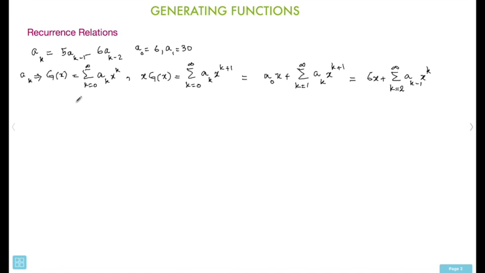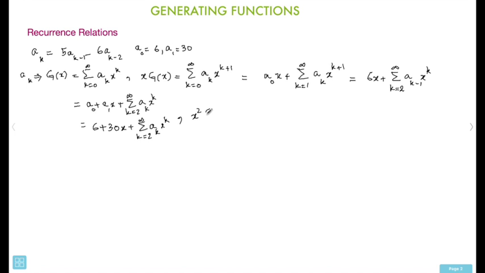Now note that this g(x) I can also write as a_0 plus a_1 x plus the sum for k equal to 2 to infinity of a_k x to the k, which is equal to 6 plus 30x plus the sum for k equal to 2 to infinity of a_k x to the k.